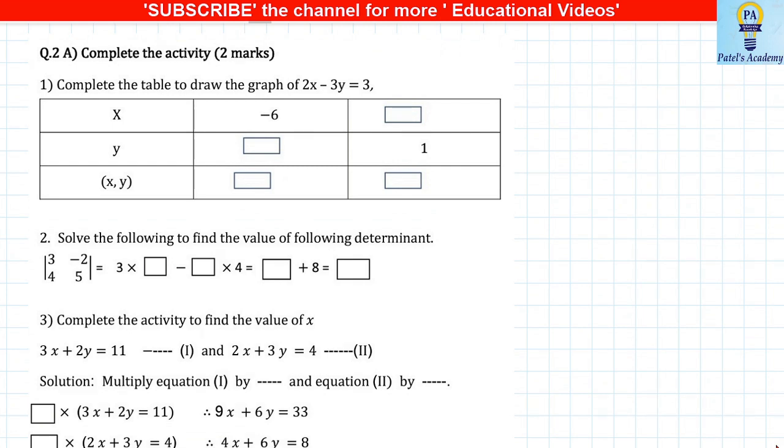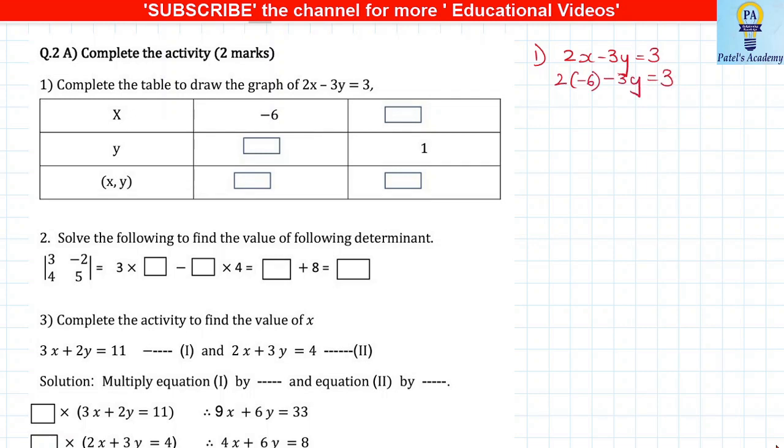So let us start with question number 2a. We have to complete the table. Let us write down the equation, that is 2x minus 3y equal to 3. Now here I have to substitute the value of x as minus 6.